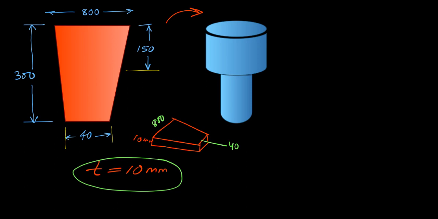Okay, so first you need to find the area of one end and the area of the other end. Let us divide this into, for example, node 1 here, node 2 here, and node 3 here. So this is element 1 and this is element 2.